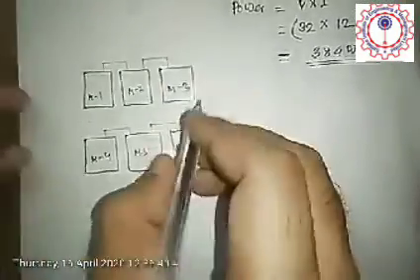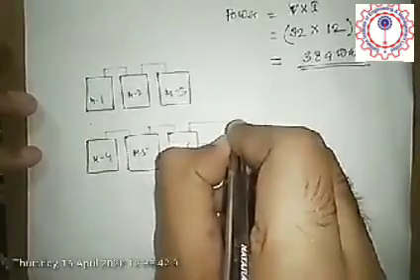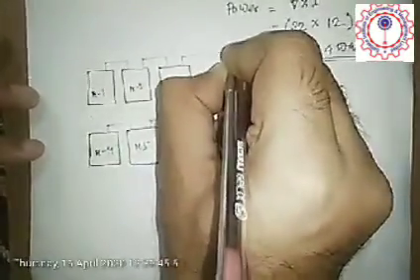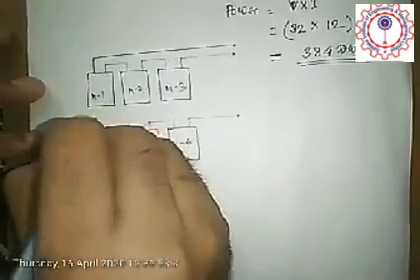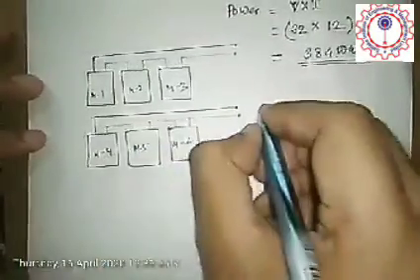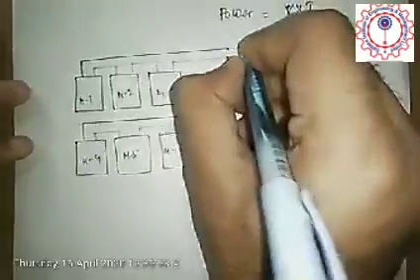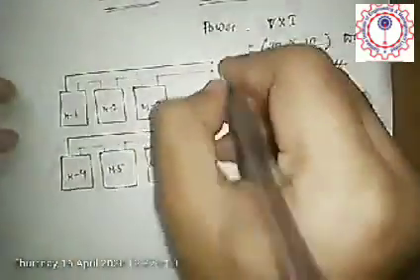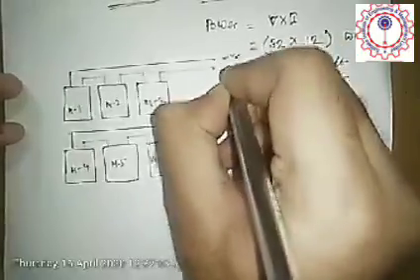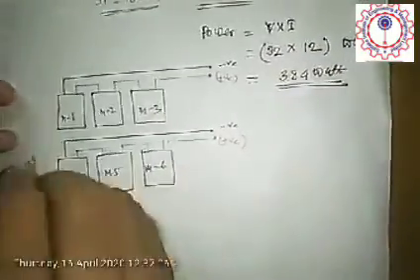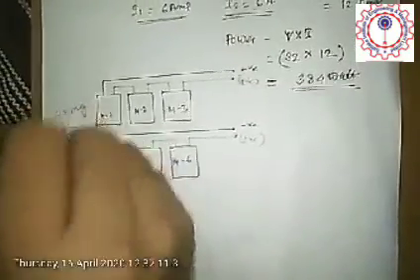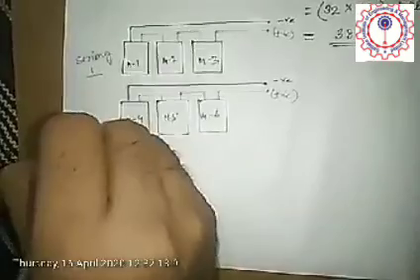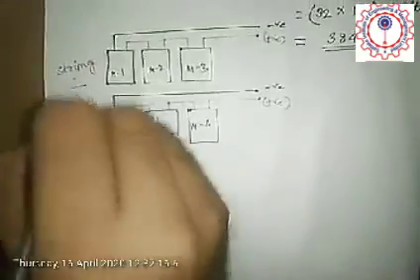This is the negative terminal, and this is the positive terminal. Finally, this is the string 1 part, and this is the string 2 part.